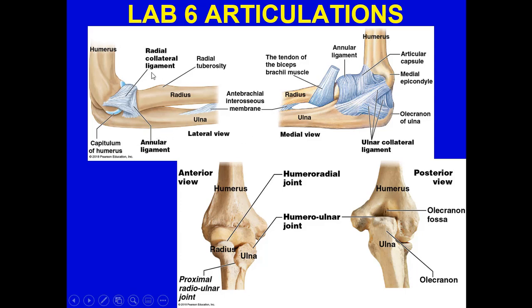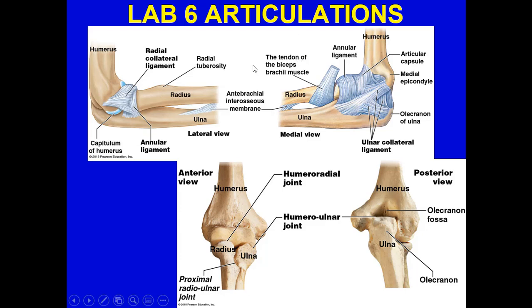So the radial collateral ligament is here, the annular ligament is here, the capitulum of the humerus is right here, the radial tuberosity is here, and then we have the antebrachial interosseous membrane here, as well as here. So we've had this as sort of the lateral view. Let's take a look at this on the medial view. Obviously, there are some annular ligaments that are present.